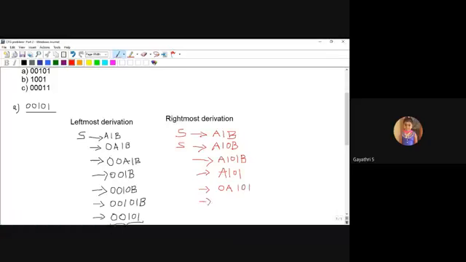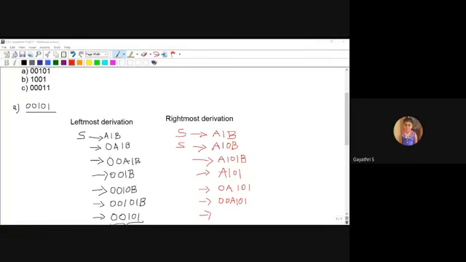For this A, what will be your choice? Yes, 0A. So again we will choose 0A101. For the last A, epsilon.